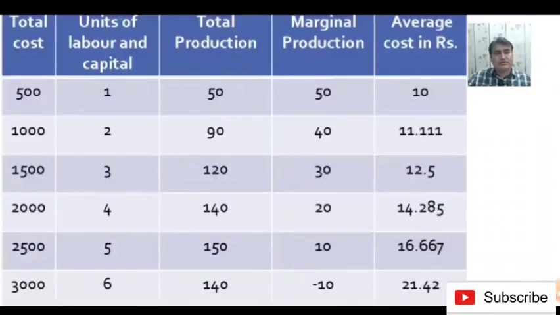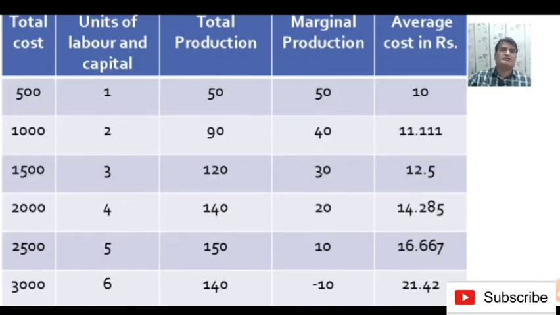Marginal production, as we know, is the additional production, since marginal means change. Marginal production shows the change in total production by employing one additional dose of labor and capital. We calculate average cost by dividing the total cost by total production. So 500 divided by 50, the average cost is 10, and 1000 divided by 90, 11.11 is the average cost.